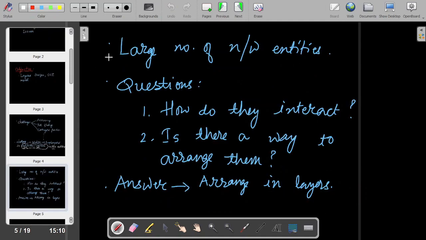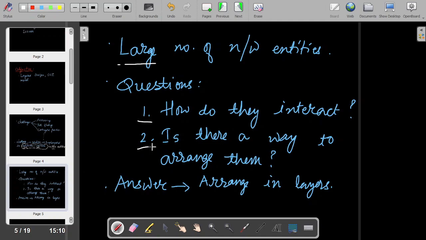There are a large number of network entities because there are so many challenges and each challenge has at least one solution, and so each solution is an entity for us. How do they interact when the network is made of so many hardwares and softwares?